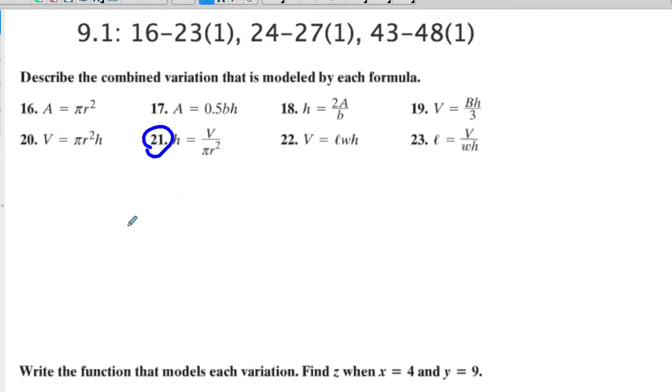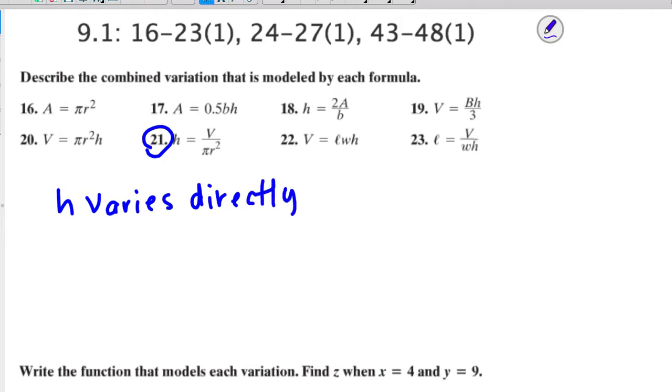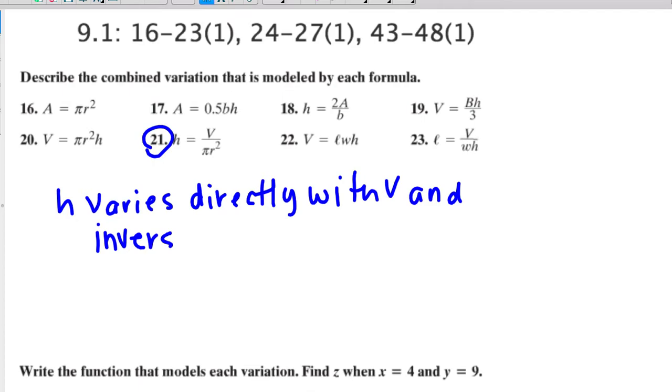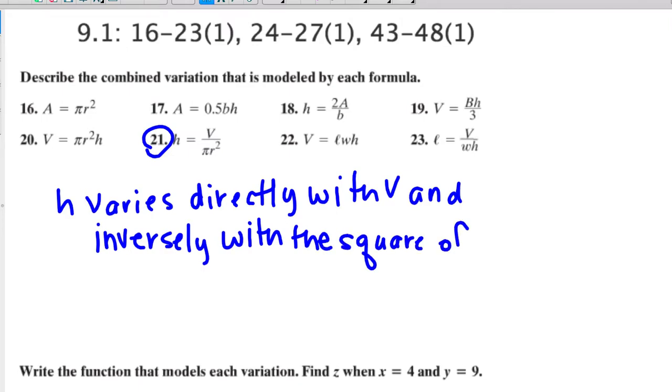So you would say that H, I don't know why I want to write equals because I'm a math teacher, that's why. H varies directly with V and inversely with the square of R, right?